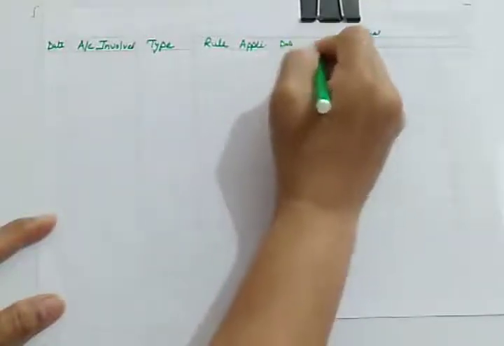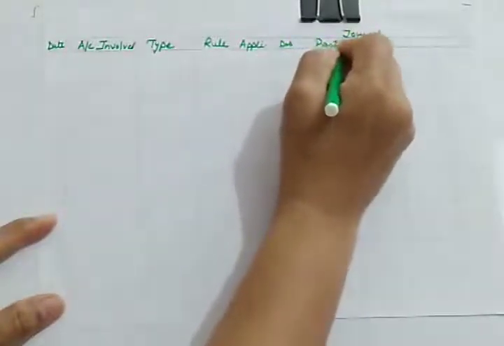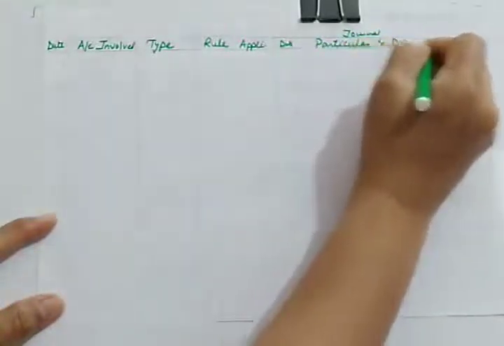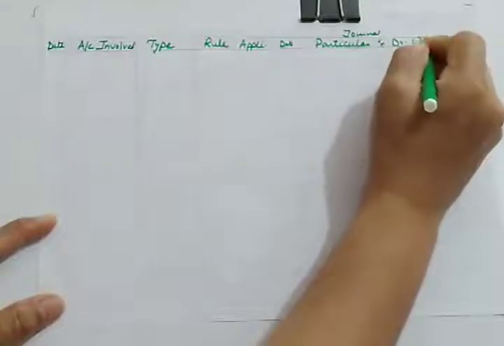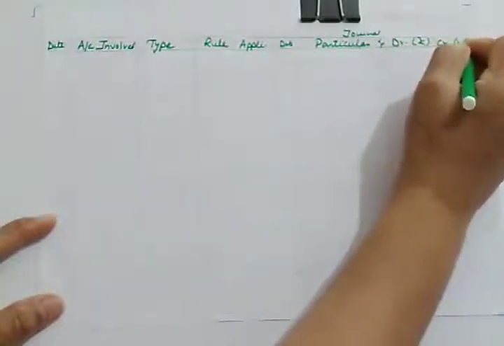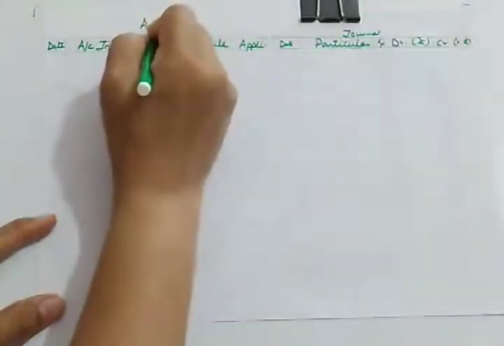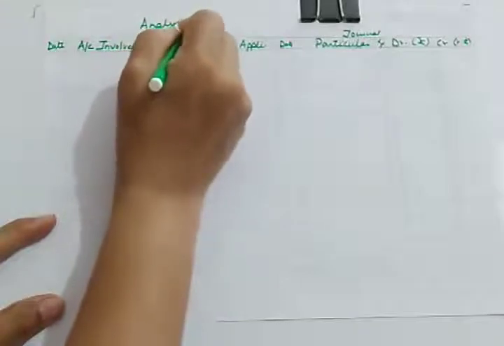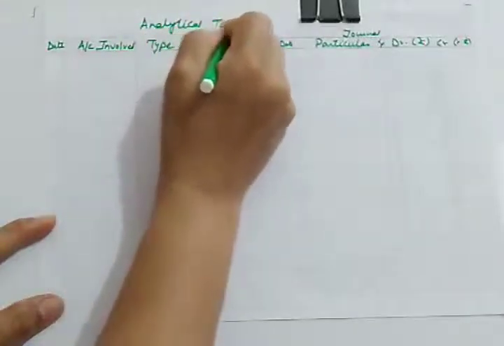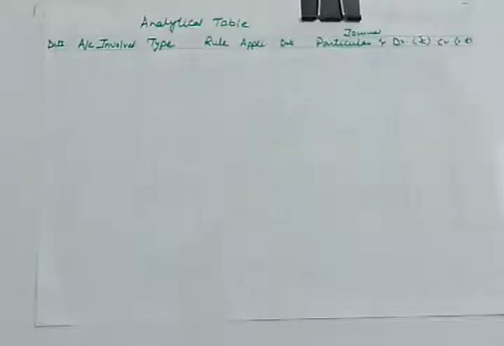Date, particulars, LF, debit amount and credit amount in rupees, and here I can mention this is an analytical table, right? So let us start this analytical table.